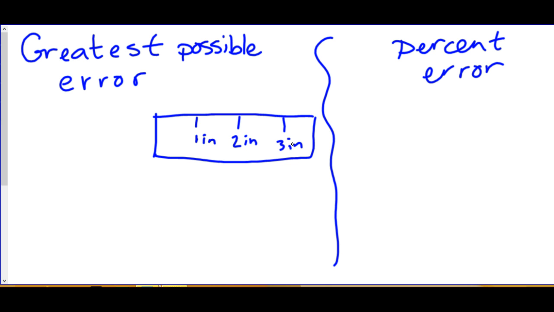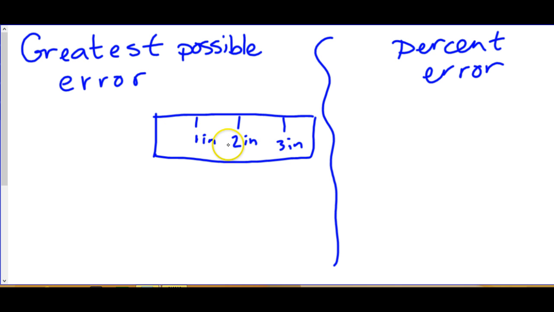It depends on what unit we are measuring to determine our greatest possible error. So I just put in inches. If I had put in the little tick marks in between and had like 2.1 inches, 2.2 inches, so on, then we'd have to do this a little bit differently, and I'll show you that as well.